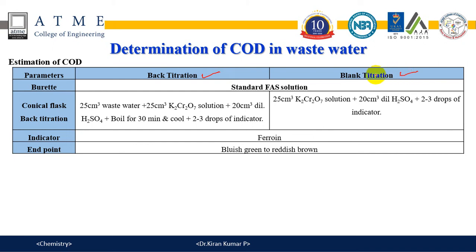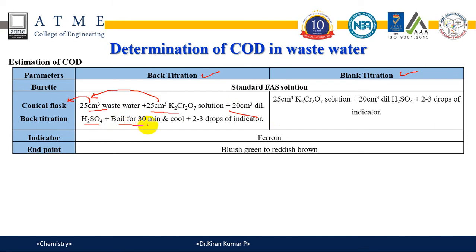You can see in back titration, 25 cm3 of wastewater sample is pipetted into conical flask. Again 25 cm3 of K2Cr2O7 is pipetted out into conical flask. Add 20 cm3 of dilute sulfuric acid to maintain acidic medium, which contains silver sulfate in it.